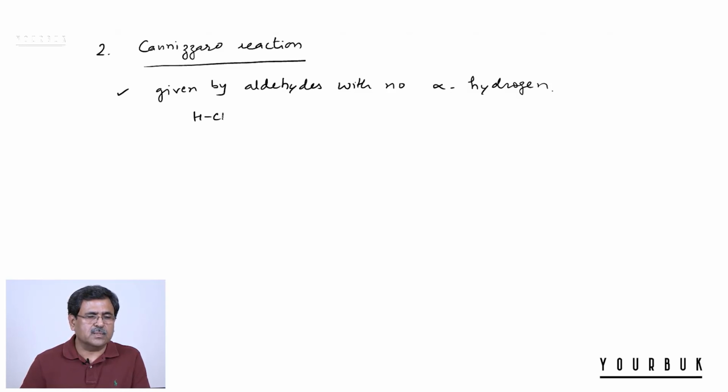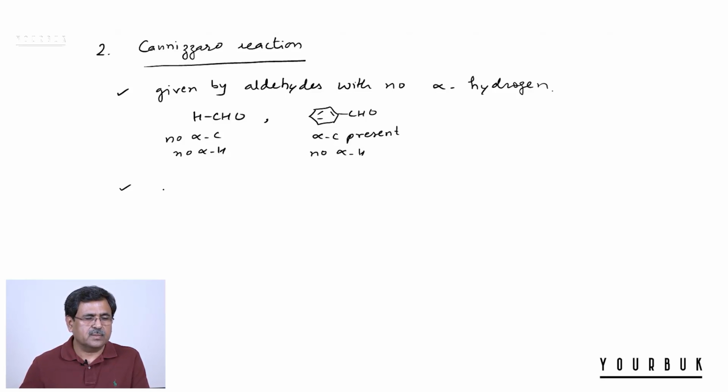For example, methanal, it does not have any alpha carbon, no alpha H, so methanal can give Cannizzaro reaction. Benzaldehyde can give this reaction. You have an alpha carbon present, but there is no alpha H. Second point, it requires the presence of concentrated alkali. KOH, NaOH, anyone you can use.